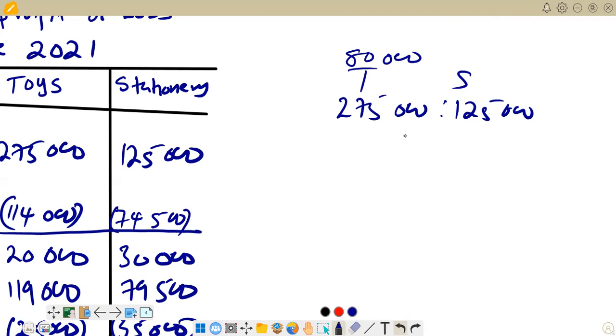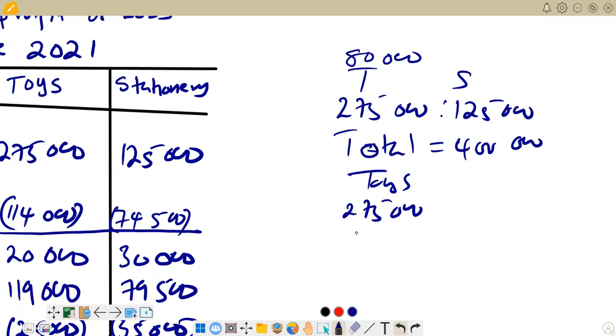So this is the total, and it becomes our denominator. So for toys, we are saying 275 over the total, which is 400,000. Then we multiply by 80,000, the total for advertising. Then you get the figure for advertising, which is 55,000.